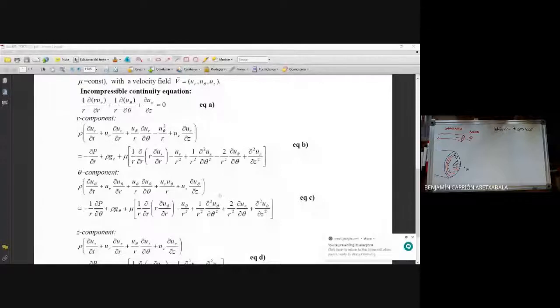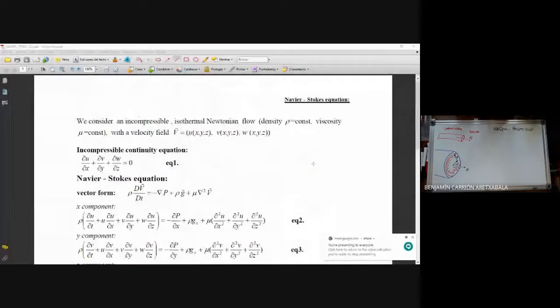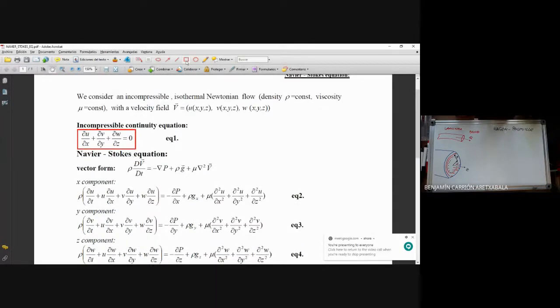Okay, so what I'm showing you, or you're about to see, is just a cheat sheet with the Navier-Stokes equations. The Navier-Stokes is basically four equations. One equation for continuity, and three equations of momentum that have this vectorial form. Very briefly, this is the total derivative that has a local and an advection term.